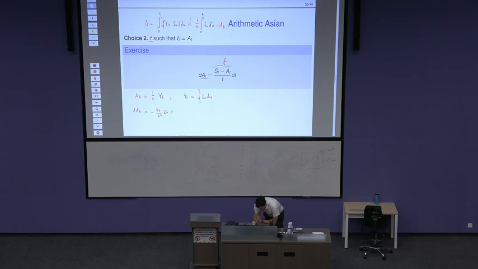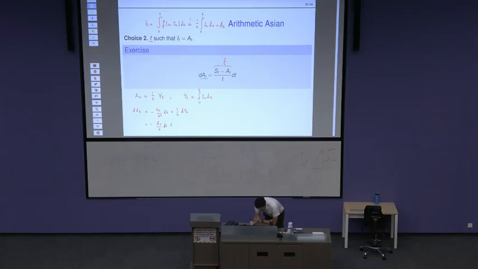Then I get the derivative with respect to y, which is 1 divided by t dY_t. Y_t divided by t is A_t, so the first term is the same as minus A_t divided by t dt.